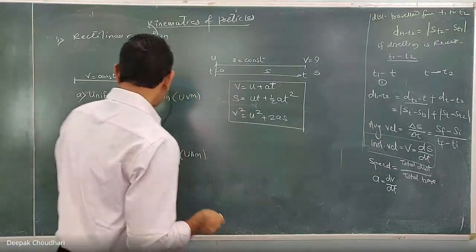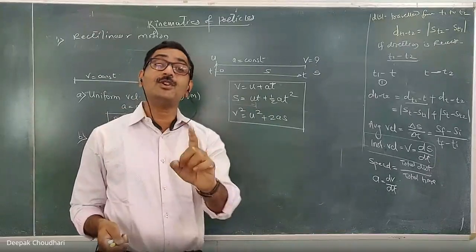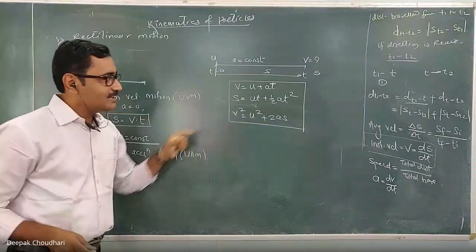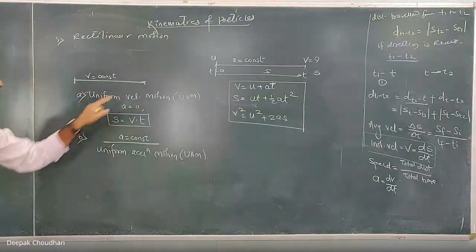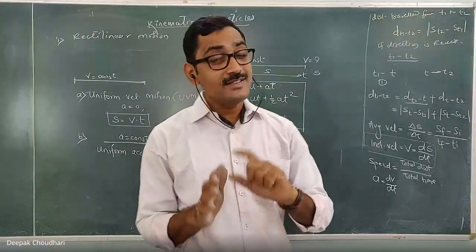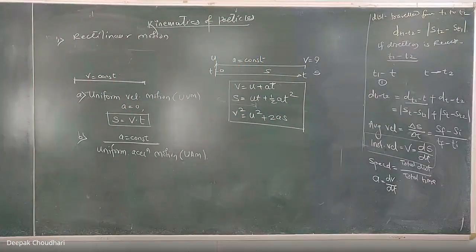In your syllabus, both these types of motion are given for self-study. If you have any difficulty, you can ask me the doubt, but read carefully all the theory and the reading material I have given you, and try to solve the simplified questions.